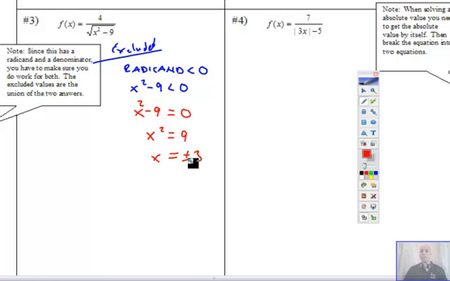This is not the answer, though, because this is supposed to be a less than symbol. If you left it as a less than symbol this whole way down, you would end up with x is less than plus or minus 3. That doesn't make any sense to me. X is less than 3, and it's less than negative 3.